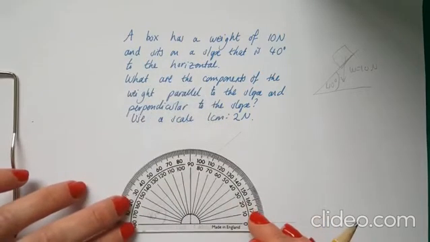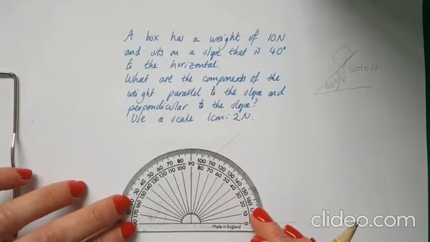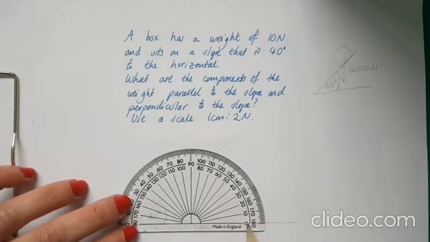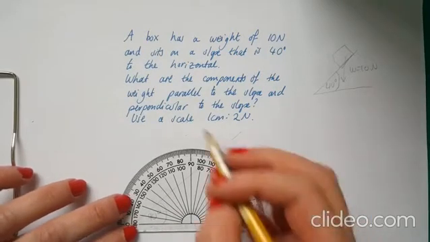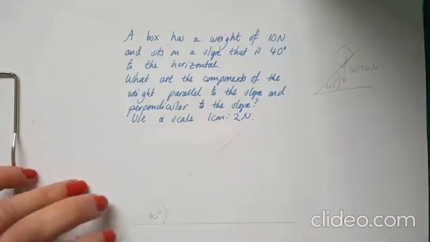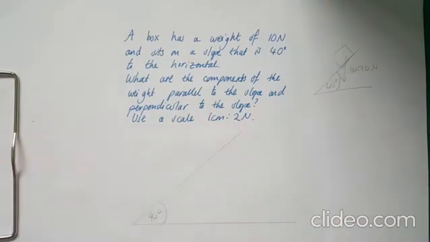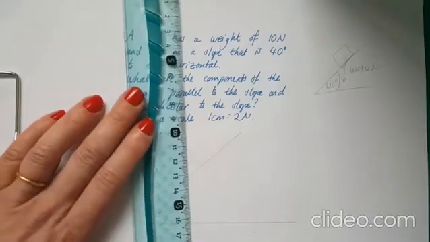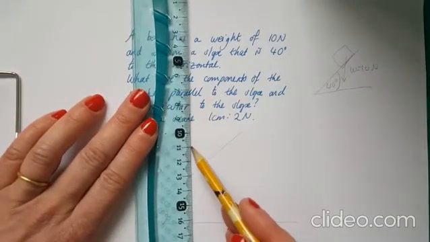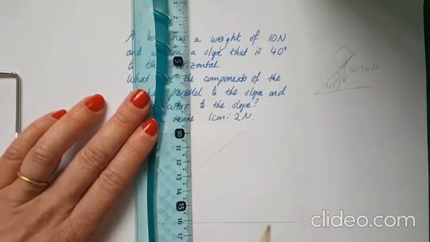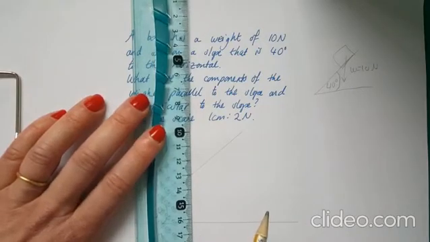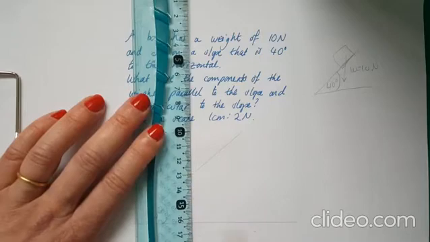So I'm going to use my protractor to measure 90 degrees. Put the base along my horizontal line. There it's 90 degrees. I'm then going to align my ruler with those two dots there, so the 90 degrees and the dot on the line. And then I'm going to put in my weight vector downwards.